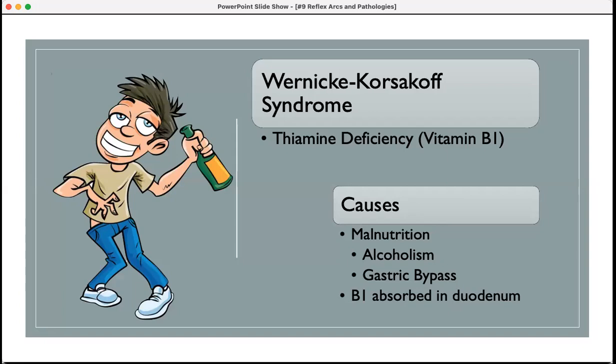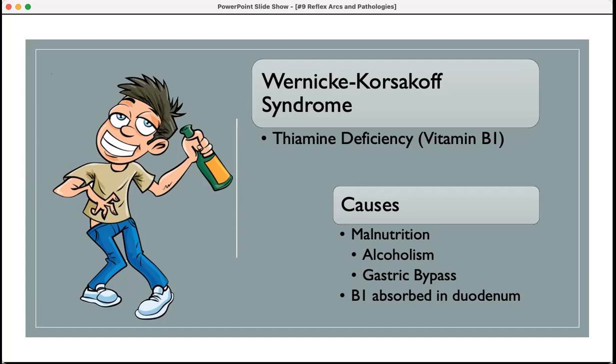Usually you'll get patients that come into the hospital being treated for some other problem, but they may be alcoholics and have poor nutrition. But you can also see it, actually more commonly now, in patients having gastric bypass surgery, and they have thiamine deficiency.